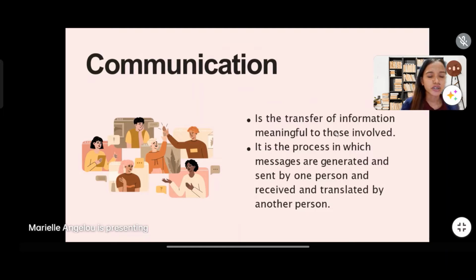It is a two-way process because feedback needs to be provided by the receiver, or the recipient of the message, to ensure that there is understanding between the two. It is also the process of exchanging ideas, feelings, and messages between two or more persons for mutual understanding. That is the importance and the definition of communication.